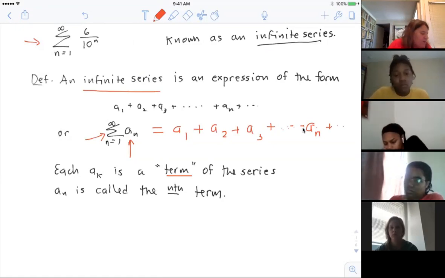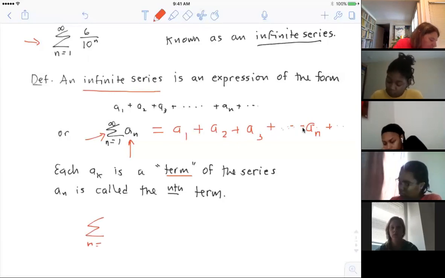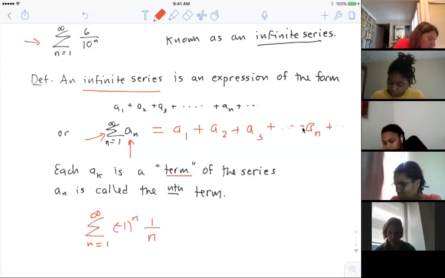Let me give you one to see if you can figure that out, just write this out. Suppose I said, write out a few terms of the sum from n equal 1 to infinity of (-1)^n times 1 over n squared. You guys take a minute.